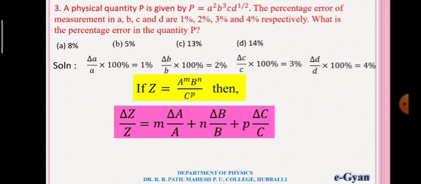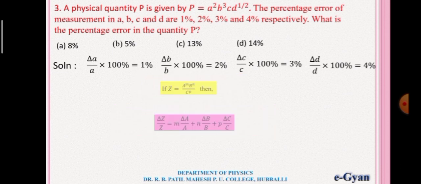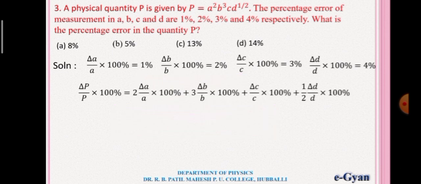By using the same method, I am going to write the expression for percentage error of quantity P, that is delta P by P into 100% is equal to 2 into delta A by A into 100% plus 3 into delta B by B into 100% plus delta C by C into 100% plus 1 by 2 into delta D by D into 100%.